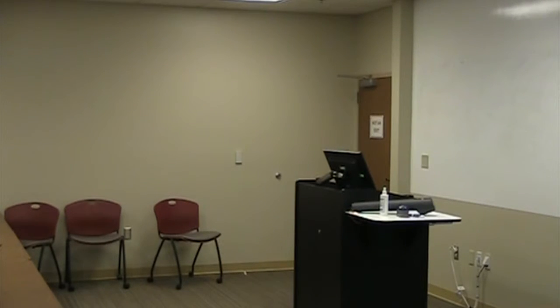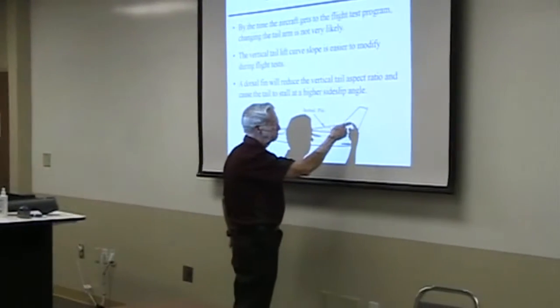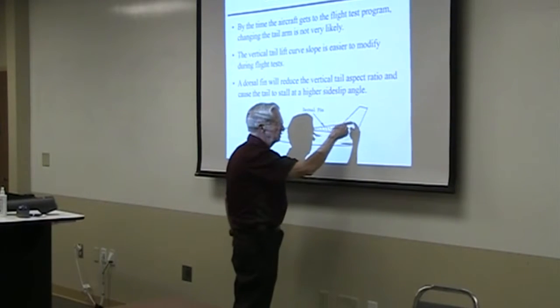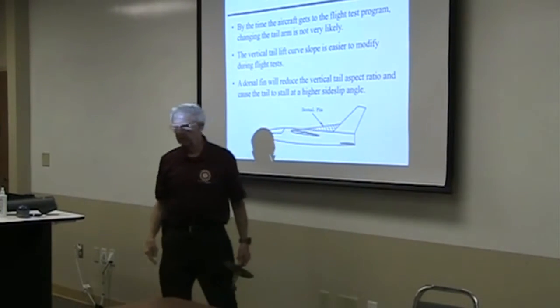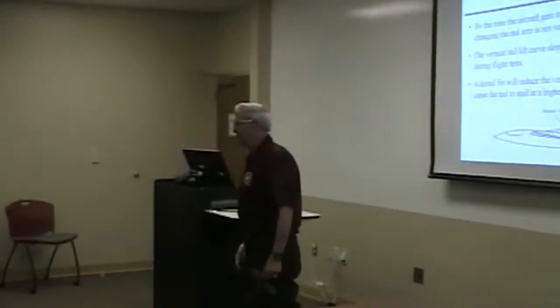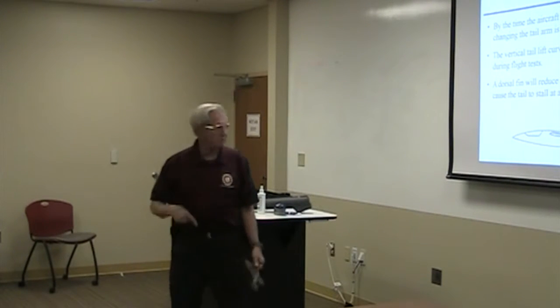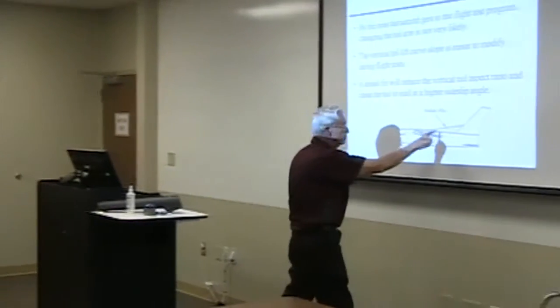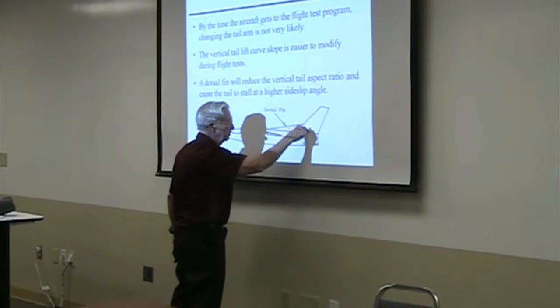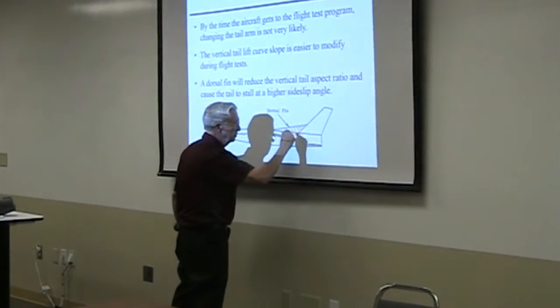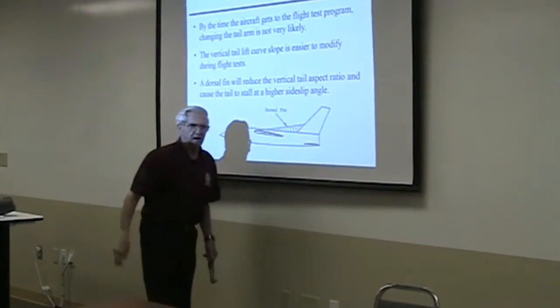Now, what will this do to the center of pressure? It's going to reduce it, right? It's going to come down. It's not going to be as high up. The center of pressure may start out up here someplace. We put this on there, and the center of pressure is going to move down here.